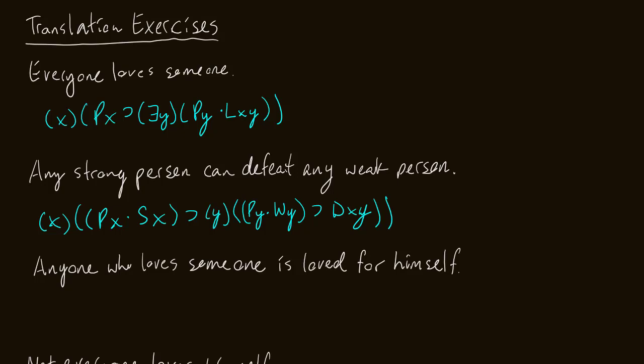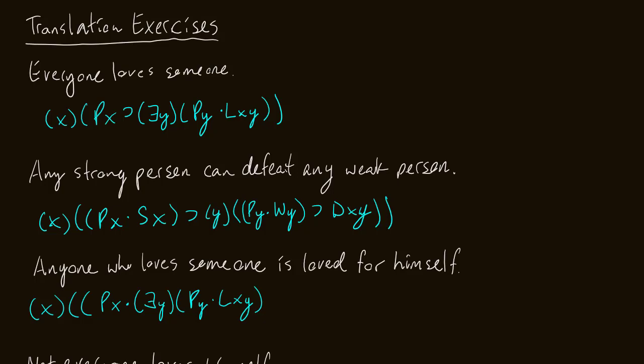Okay, so now let's put that into symbols. So I want to say for all x, open up some parentheses, x is a person, anyone who loves somebody. So if x is a person and there exists a y such that y is a person and x loves them. So I've said if x is a person and there exists a y such that x loves them.